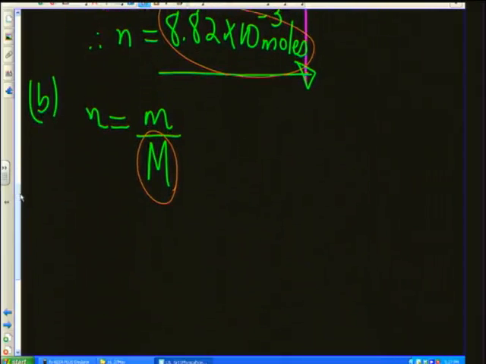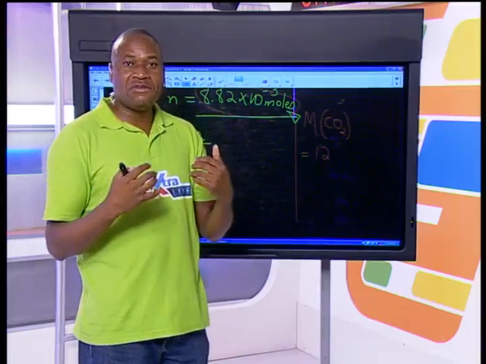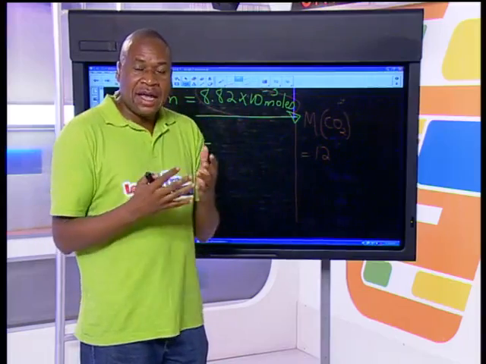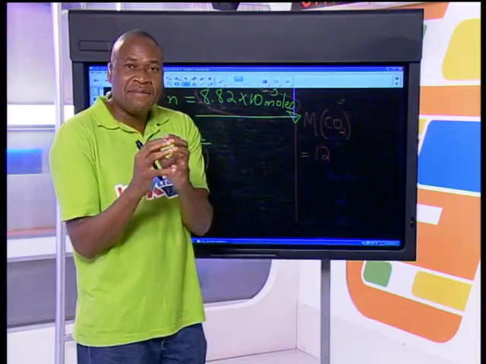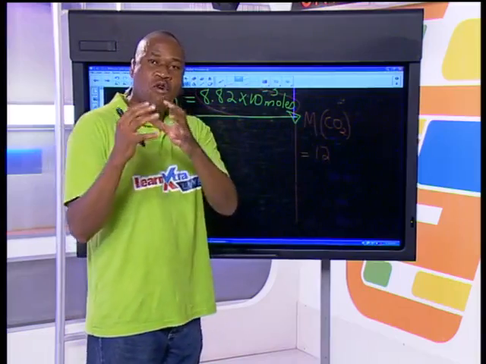Now, the molar mass of the gas, let's work it out on the side. Remember that to work out the molar mass, you look at your periodic table and get the masses of each atom involved in that particular substance. Here we've got carbon dioxide, CO2.